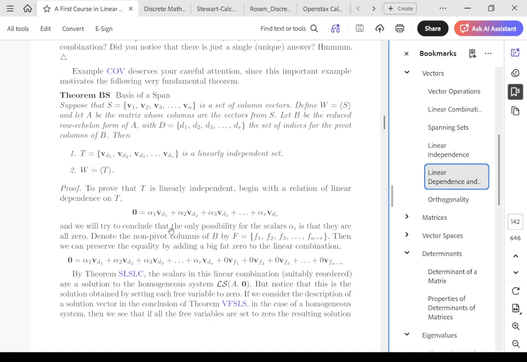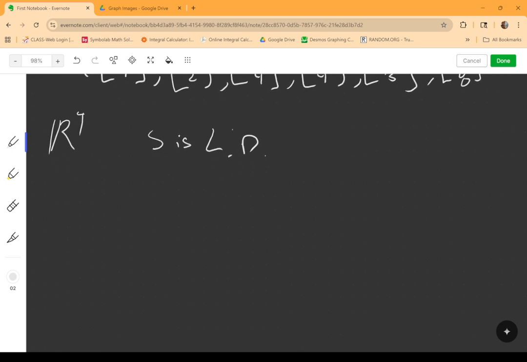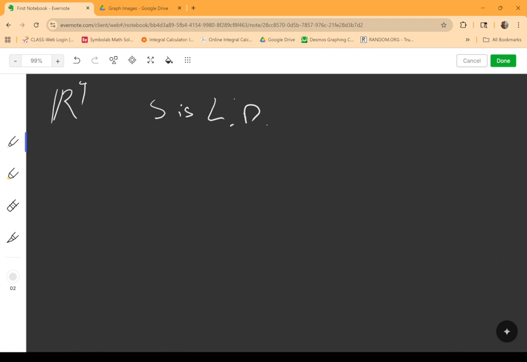Okay, so let's see this in action. I think it's better just seeing this work so we can get an idea of what the process is and what is going on here. Okay, so we have this set of vectors. So we'll start by creating first a matrix where the columns are made up of these vectors. So that looks like this.